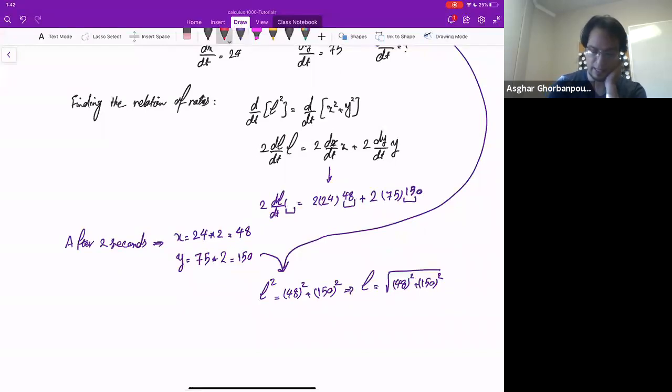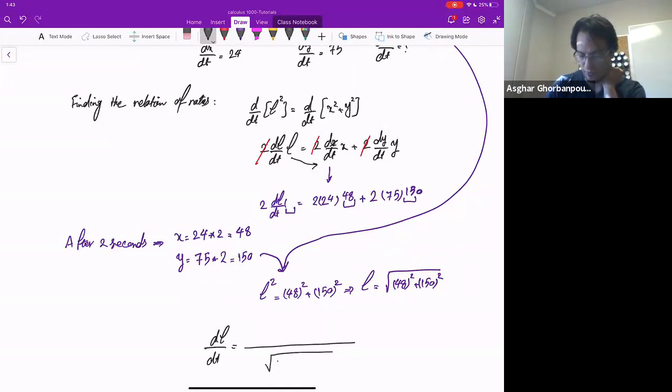First of all, I can cancel all these 2's there. Each term has the coefficient 2, so I can cancel it. And then from there, I can conclude that dL/dt is equal to everything divided by this L here.